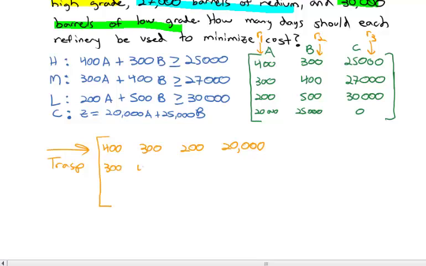Then 300, 400, 500, and 25,000. Then we get 25,000, 27,000, 30,000, and 0.